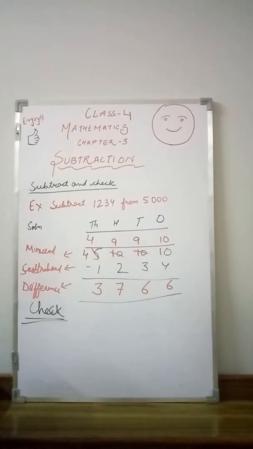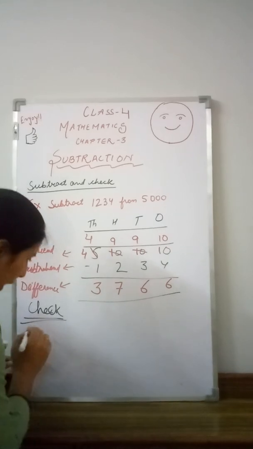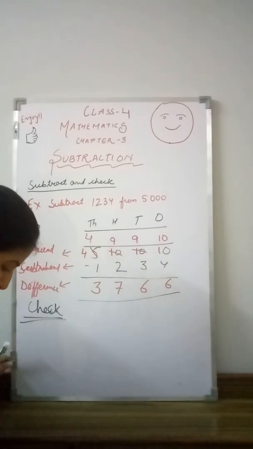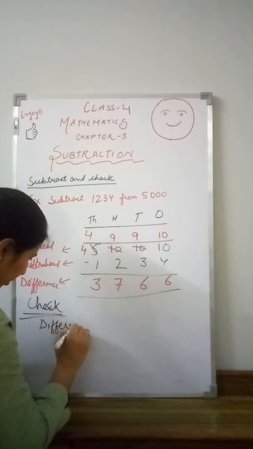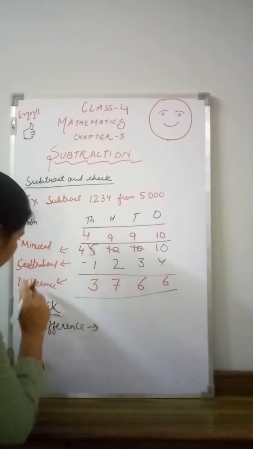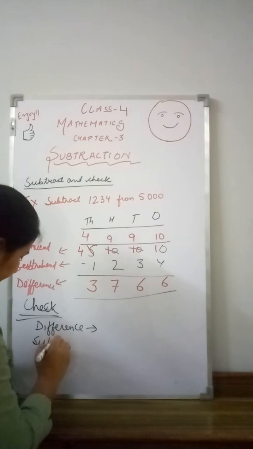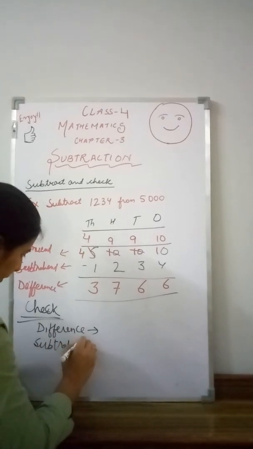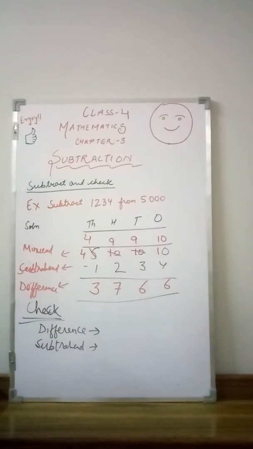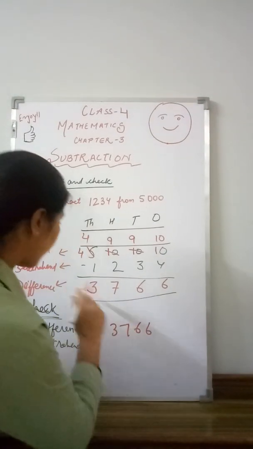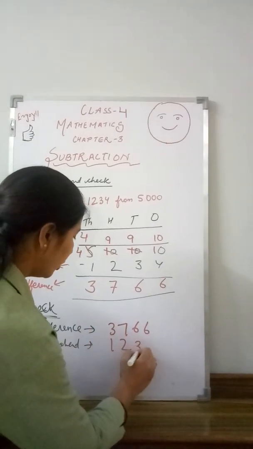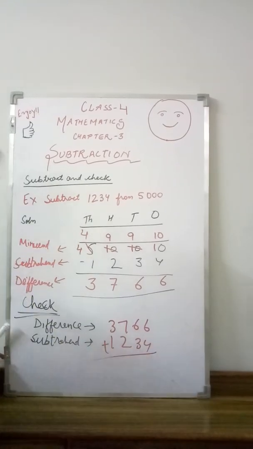So student, for the check, you have to write on the first place the difference, then the subtrahend. First of all we have to write these two numbers. The difference is 3766, and the subtrahend is 1234.